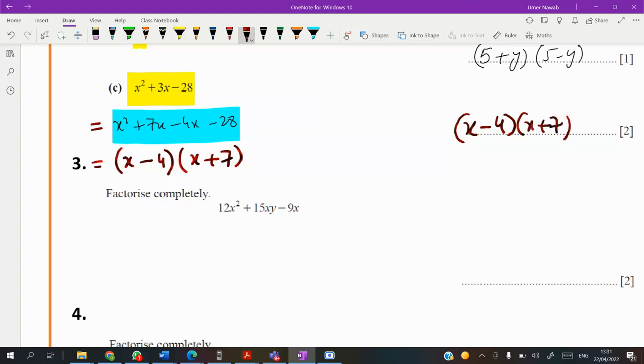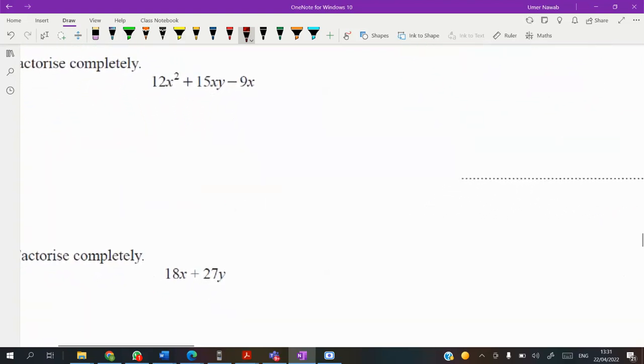So I'm going to write it in my answering space, x minus 4 and x plus 7. Now imagine the next question has 2 marks, and this is again quadratic factorization. But before that, I emphasize this. Look at the three terms. Is there anything common? You will say definitely x is common, the smallest power of x, because we have x squared and x.